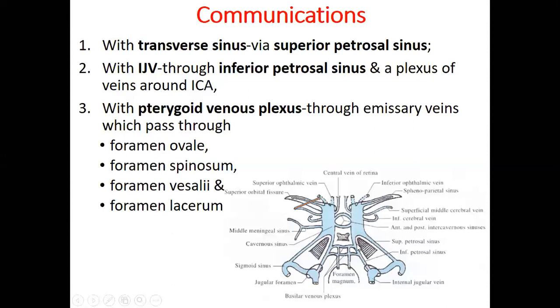The cavernous sinus also communicates with the internal jugular vein through the inferior petrosal sinus and the plexus around the internal carotid artery. It has communication with the pterygoid venous plexus through emissary veins which pass through the foramen ovale, foramen spinosum, foramen faciale, and foramen lacerum.